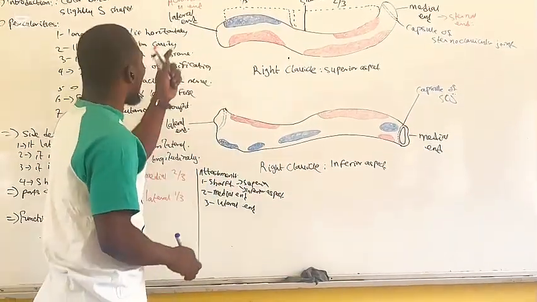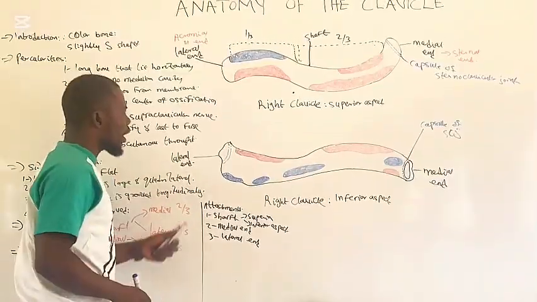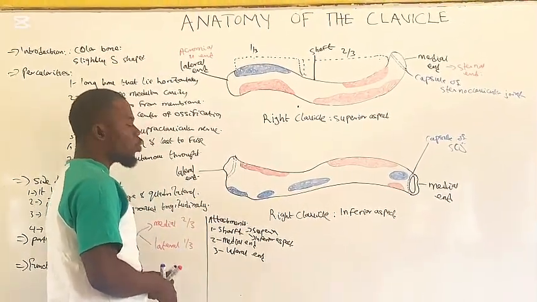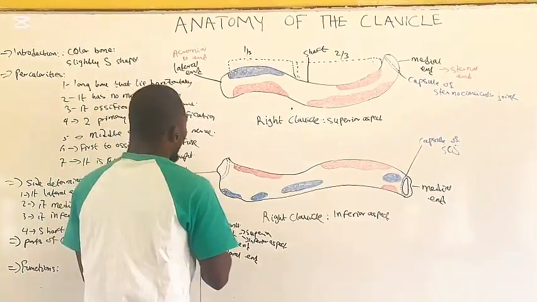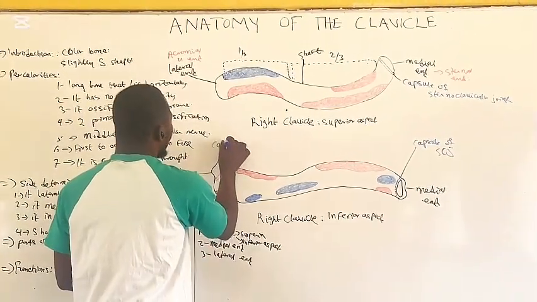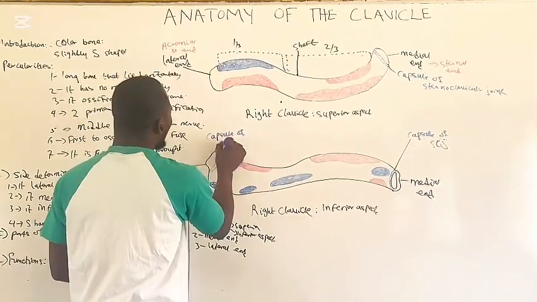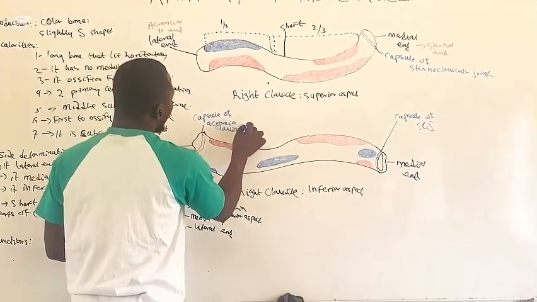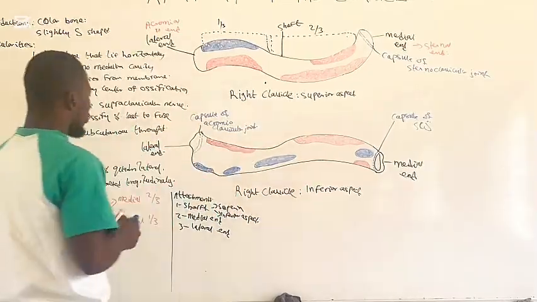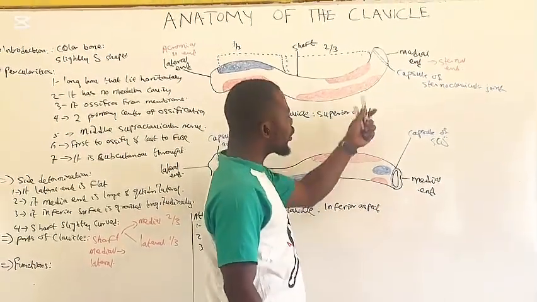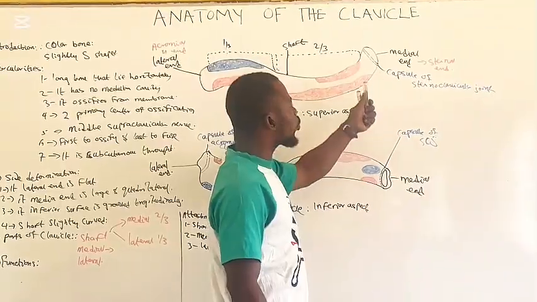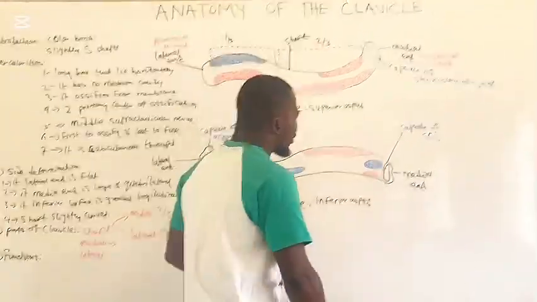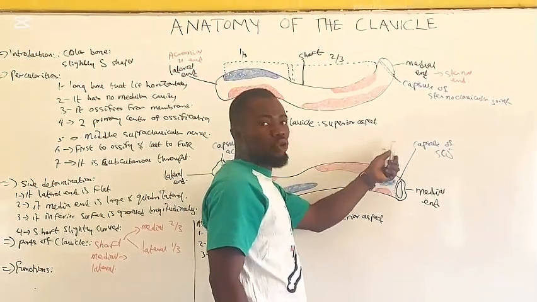Now, coming to the lateral end, it gives an attachment to the capsule of the acromioclavicular joint. So this is the capsule of the acromioclavicular joint. And to the medial end, in addition to the capsule of the sternoclavicular joint, it also gives attachment to the articular disc posterosuperiorly and the interclavicular ligament superiorly.